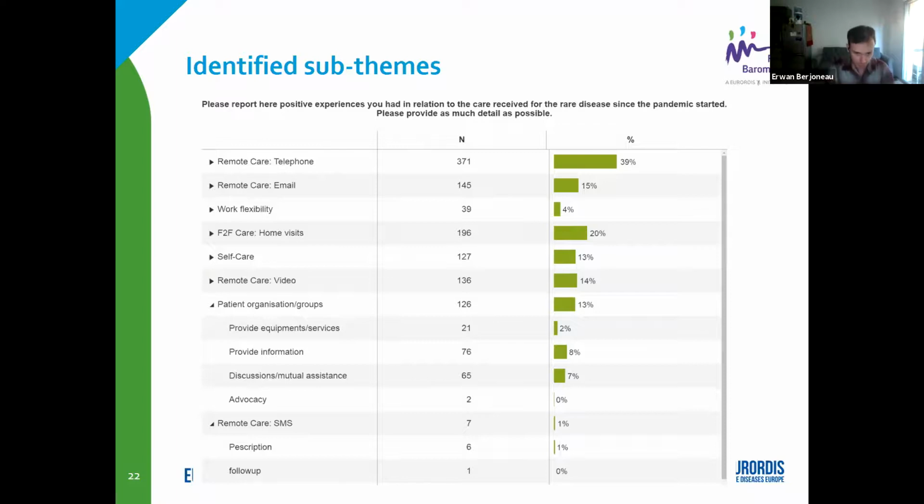So 21 told us that the patient organization provided them with equipment and services. 76 that information was provided by the patient organization. 65, the patient organization allowed them to have discussions, to get mutual assistance, and 2 talked about advocacy. So that is the thing that you can ask us again for your country to have an idea of what people were talking about, top of mind. And that is my last slide.